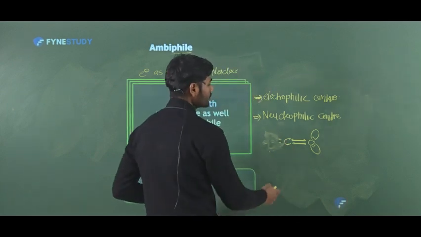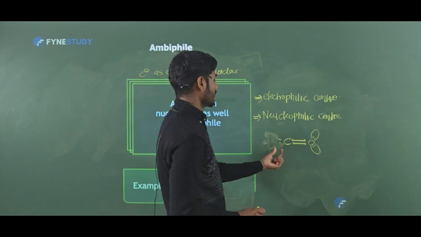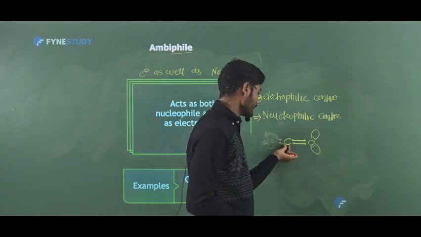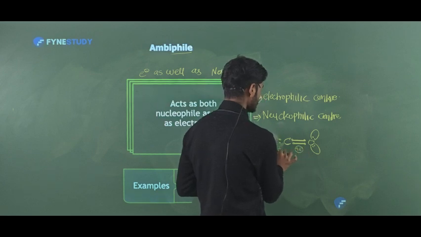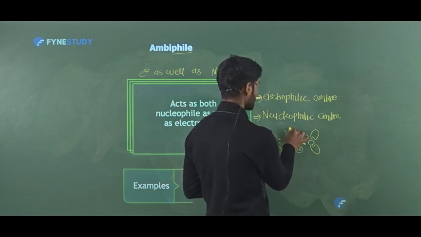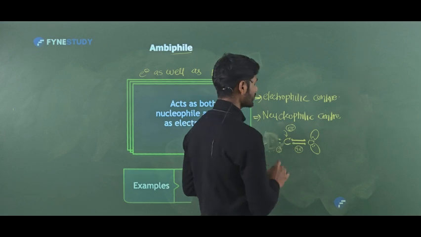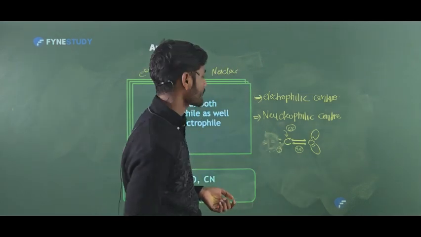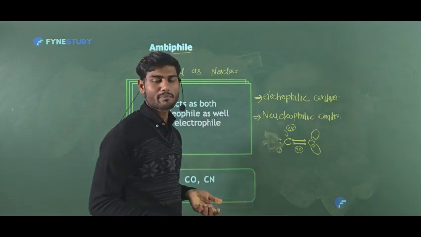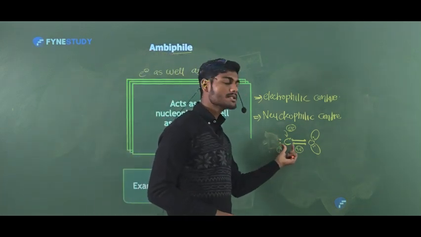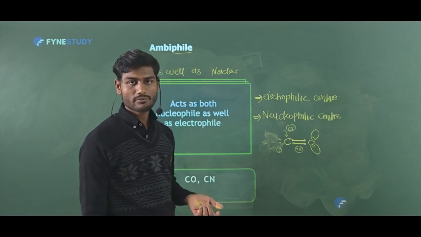See, this one is comparatively deficient. If you compare, here are 4 electrons and here are 2 electrons, so carbon has 6 electrons only. So here the octet is not completed, it means the carbon is the deficient part. If deficiency is there, it will act as an electrophile.